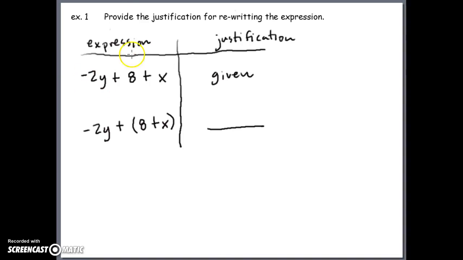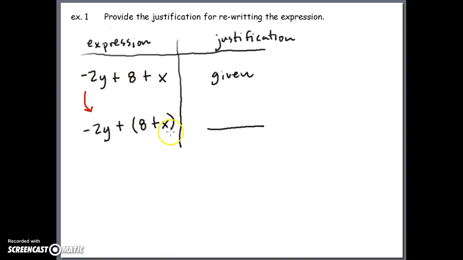Example number 1. Provide the justification for rewriting the expression. So here we have the expression negative 2y plus 8 plus x, and the new expression is negative 2y plus (8 plus x). The location of the terms has not changed.